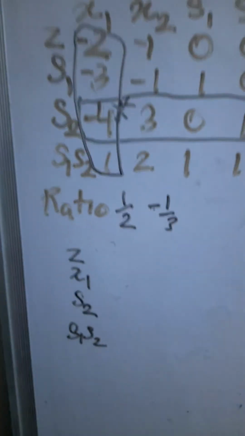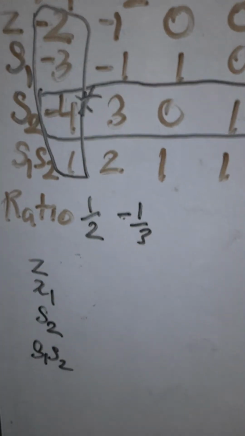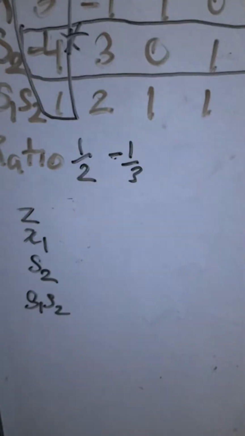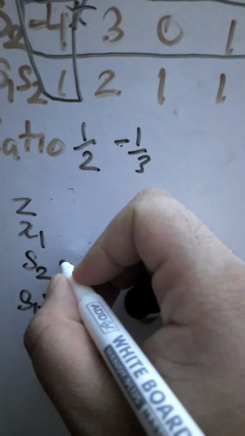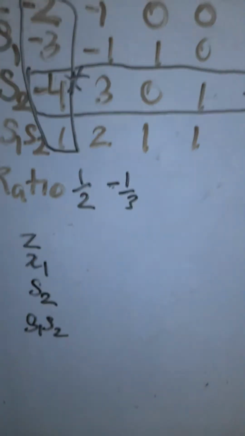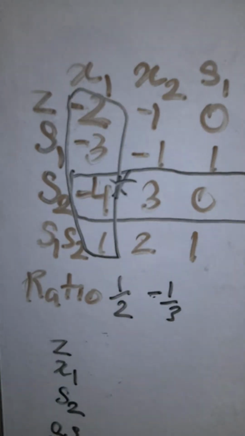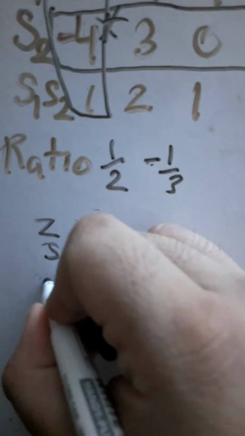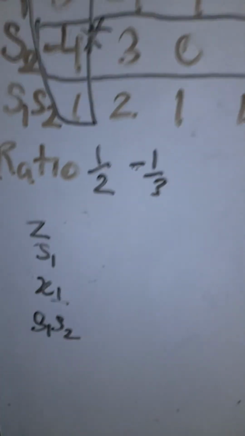Wait a second, I should write that actually. Minus 4 by 4 is 1, minus 1, I guess. Wait a second. x1 should come here, okay. s1, x1. Fair.